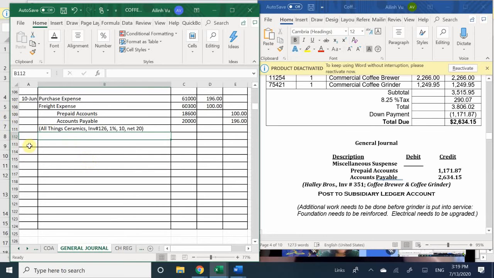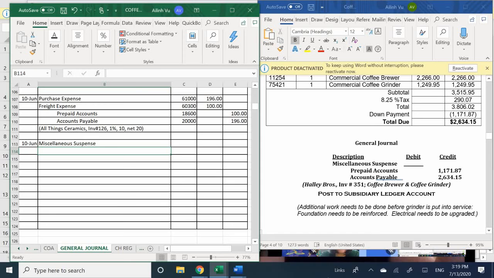So here I'm going to indicate the date, and it's for miscellaneous suspense. And that's why it's blank, because they're using this account as a whole account.